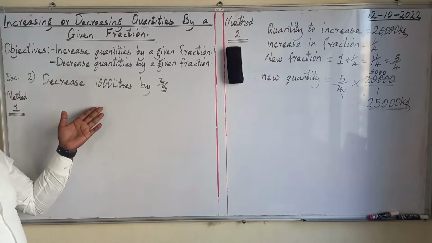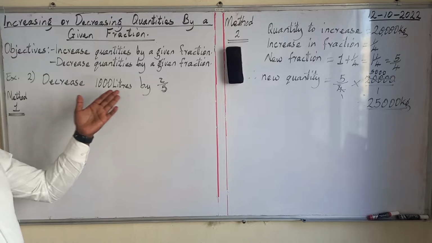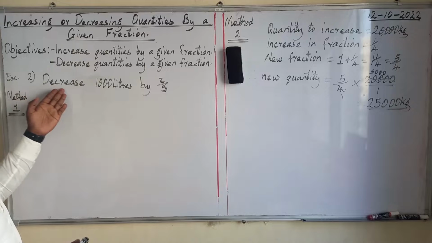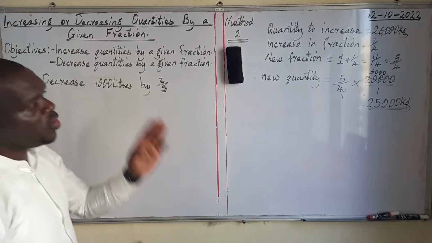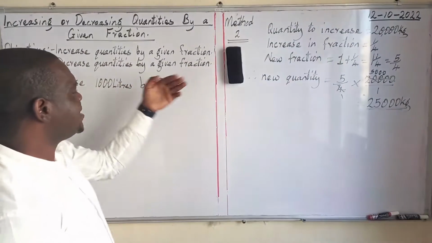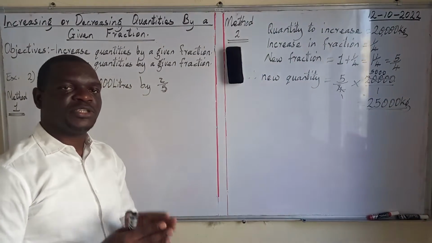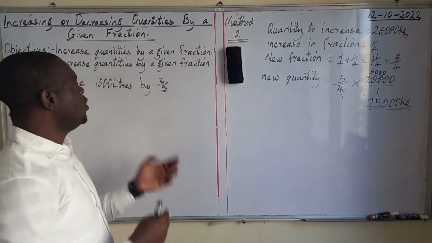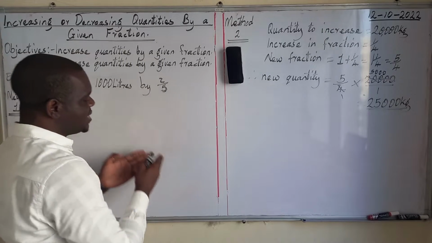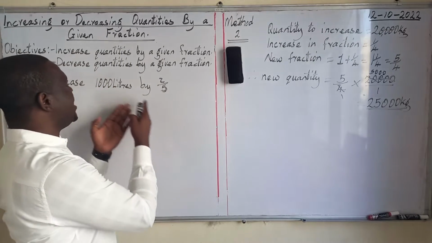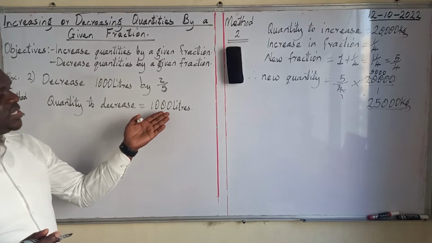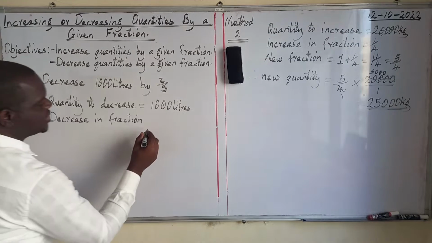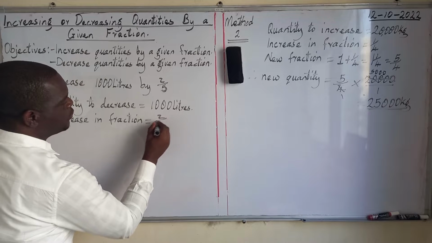Our first problem here under decreasing by a given fraction is decrease 1,000 liters by 2/5. Remember that unlike increasing, when you are decreasing, your new quantity should be less than the original, which means what we should have as answer, as the outcome here, should be less than 1,000 liters. Let's solve. The quantity to decrease is 1,000 liters. Decrease in fraction is 2/5.